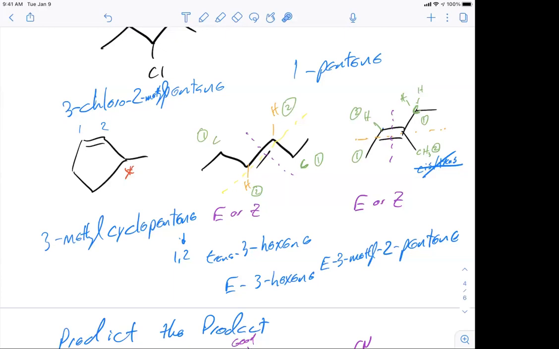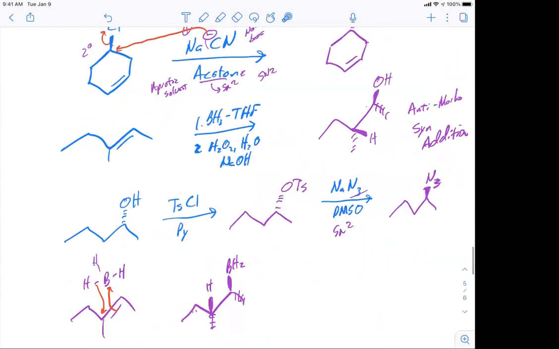Right, so for every reaction, especially every addition to an alkene, you need to know: is it anti-Markovnikov or Markovnikov? And is it syn, anti, or in the case of carbocations, both? In the second reaction, how it changed is that I added both of those to the same side.